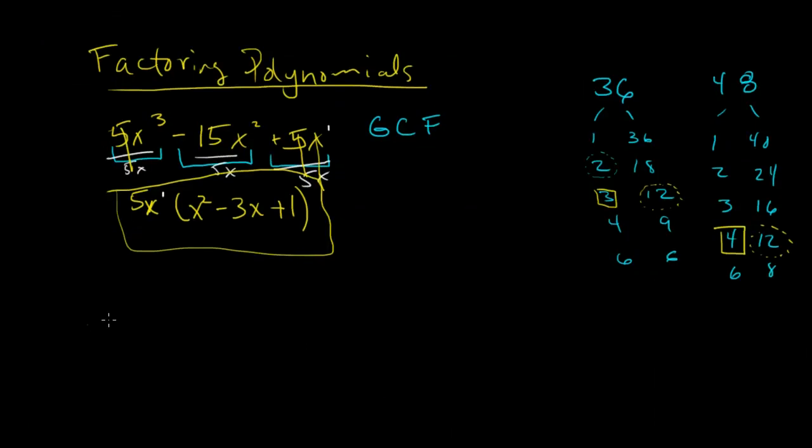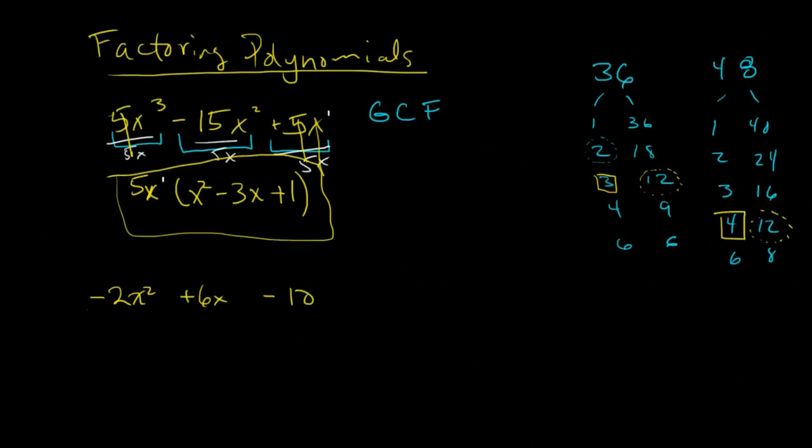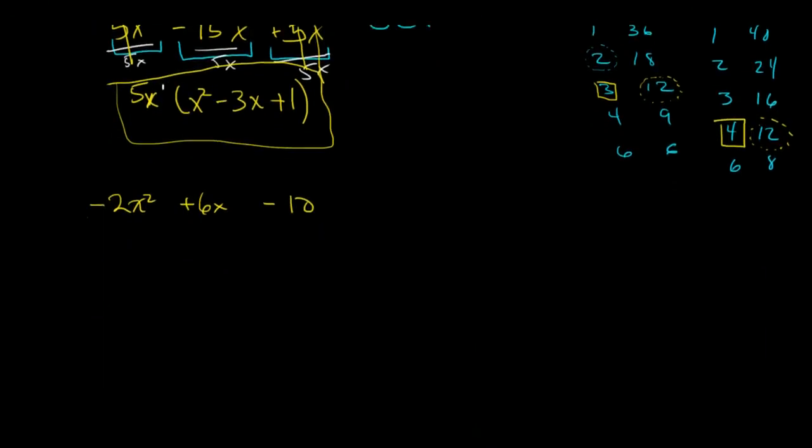Why don't we see what happens when we factor out negative 2x squared plus 6x minus 10. And what you're going to see is, for algebraic reasons, it's generally a pretty good idea to have the first term of your polynomial positive where possible.